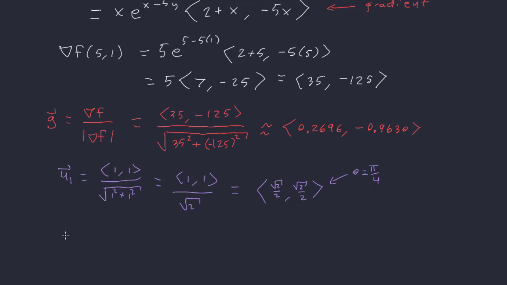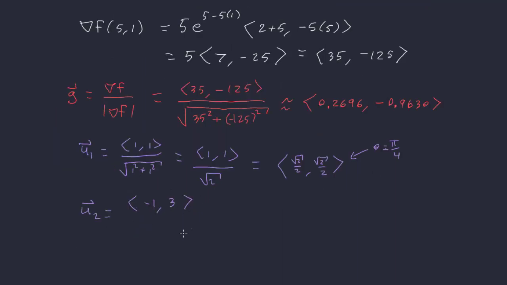Okay, so that's our u1. Then our u2 will be in the direction of the other vector, which is negative 1, 3. So this will be the unit vector in that direction. It'll be negative 1, 3 over the square root of negative 1 squared plus 3 squared.